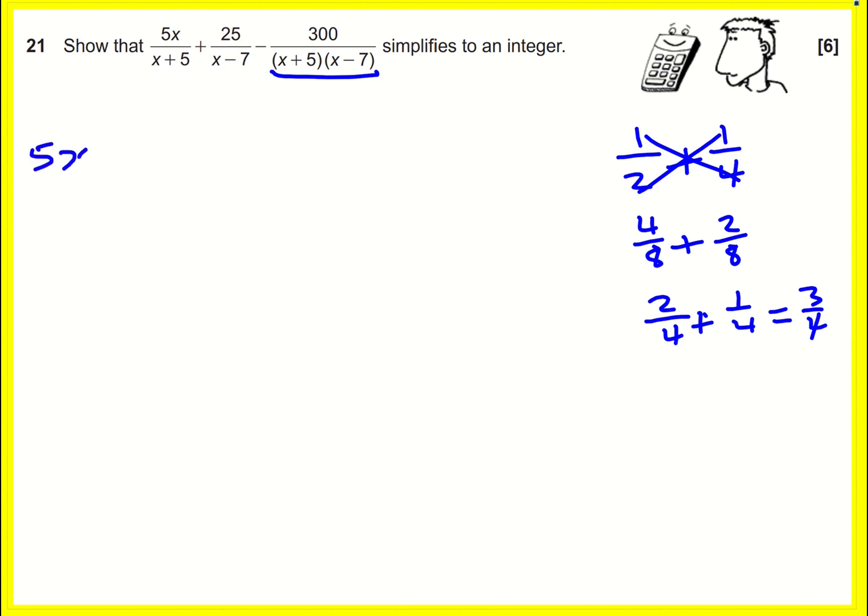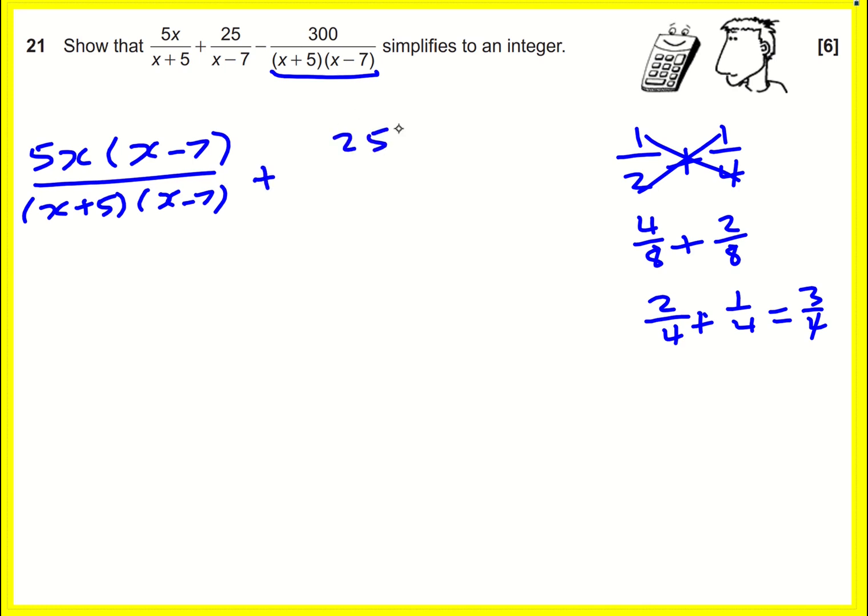So I can take the first one and I can multiply the top and the bottom by x minus 7. I can take the second one and I can multiply top and bottom by x plus 5.